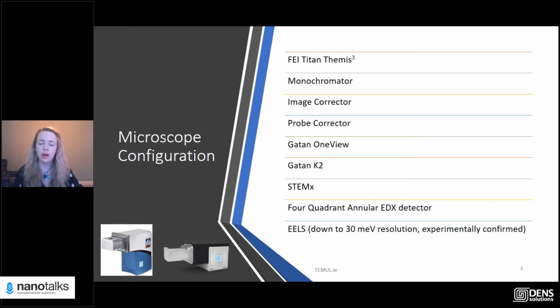We're also working with Berkeley National Lab, where we also use the Gatan K3. We have Super-X as well, a quadrant EDX detector, and for us some results will show also with EELS, because the great thing about some of the advancements with the spectrometers is that we can get down to very, very small energy resolution.